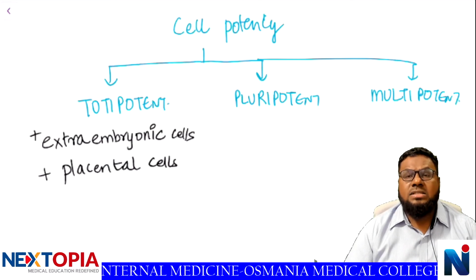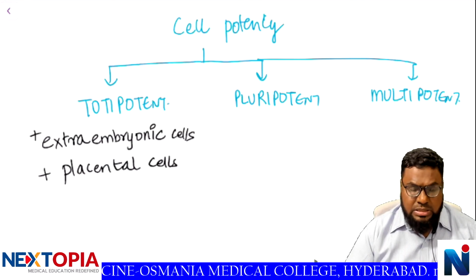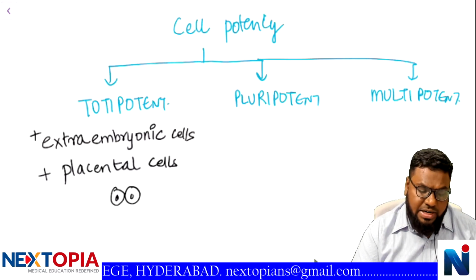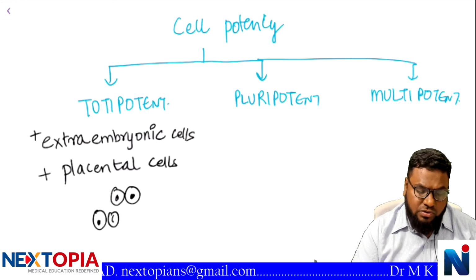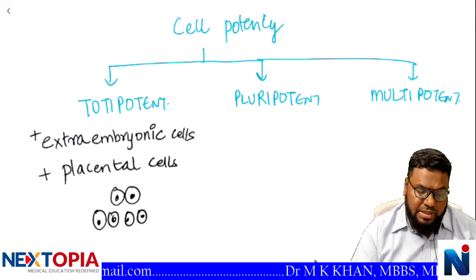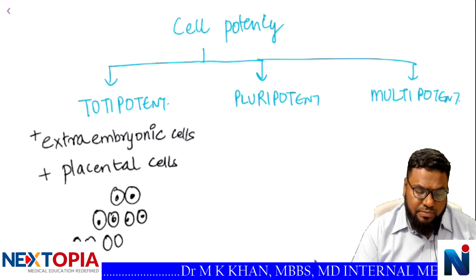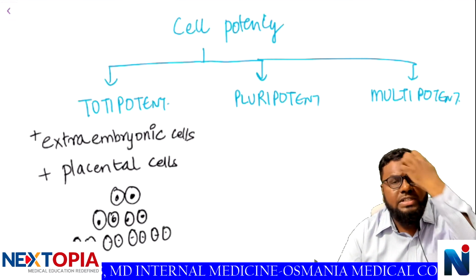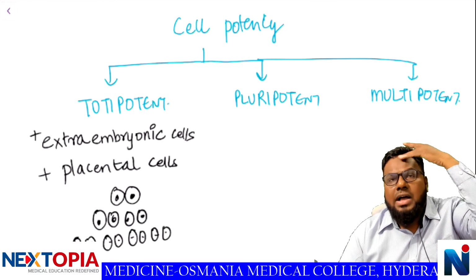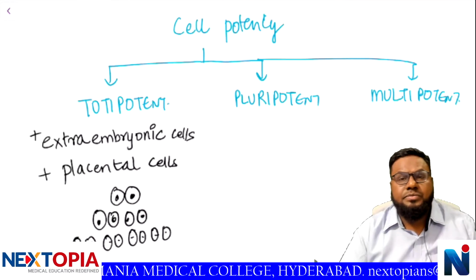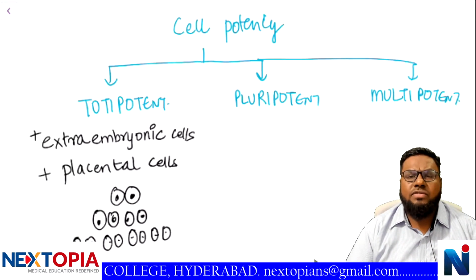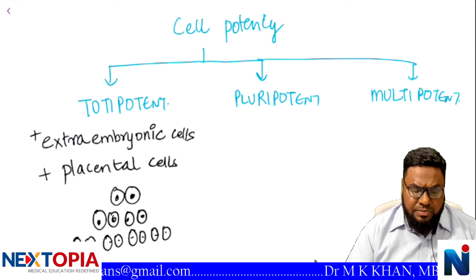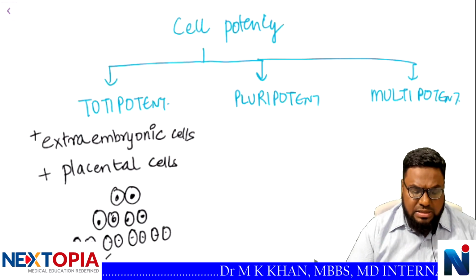The embryonic cells within the first couple of divisions, that is, suppose the zygote has divided into 2 cells, then into 4 cells, then into 8 cells like this. So immediately following the first few divisions, immediately following fertilization, these cells are totipotent cells.